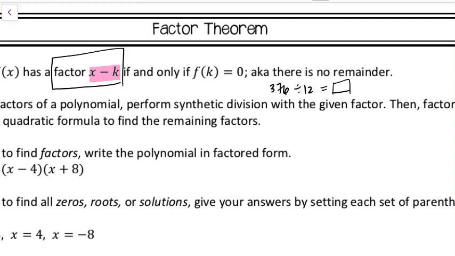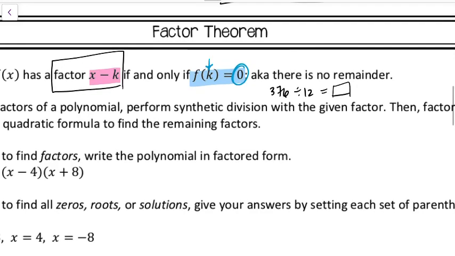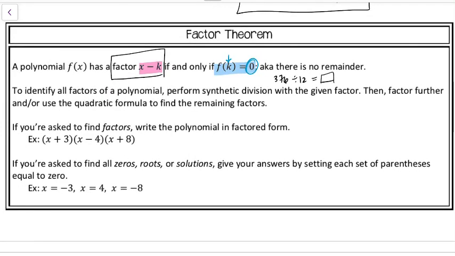Now, they say instead, if you plug in that k value, which would be the number that we would put in the box for synthetic division, if you get 0, then that must mean that you can divide it out the same way. So we'll get to that here in a little bit, but just keep that in mind. Our factor theorem says if you get a remainder of 0, then that binomial, or I guess it doesn't have to be a binomial, but that polynomial is in fact a factor.